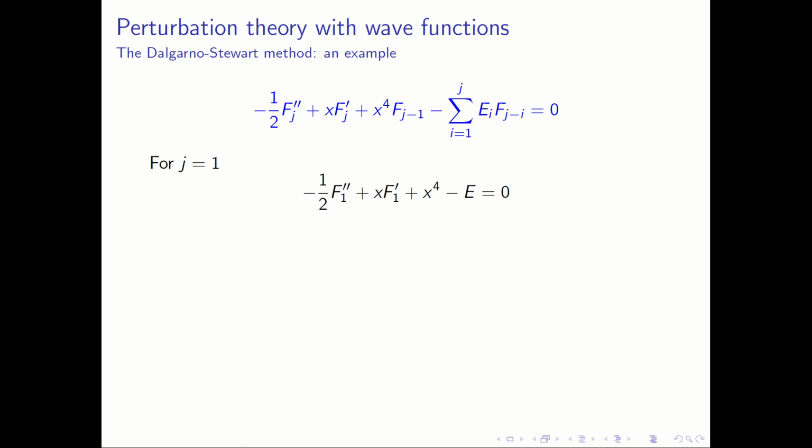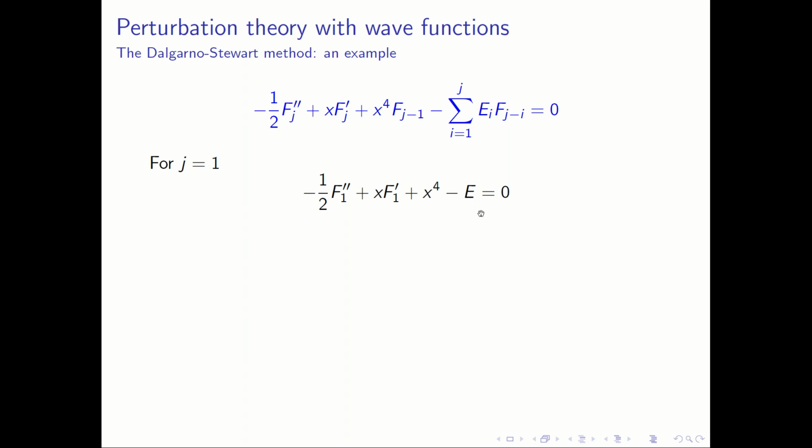So remember, psi j is Fj psi 0. Psi 0 is, of course, F0 psi 0. So F0 is 1. Okay. So this is just minus E1 here. I've missed the 1 somehow. And this equation simply becomes minus half F1 double prime plus x F1 prime plus x to the 4 into F0, which is 1, as I said, minus E1. And this is equal to 0.